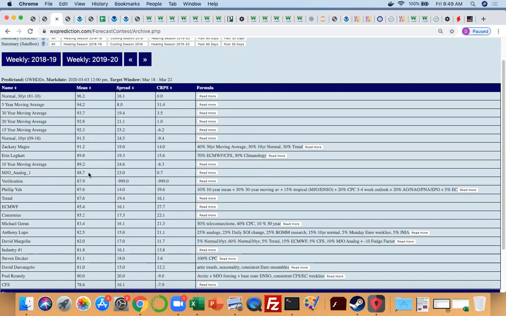Anyone have any other thoughts on the CFS or EC model performance this period? Am I being too harsh?